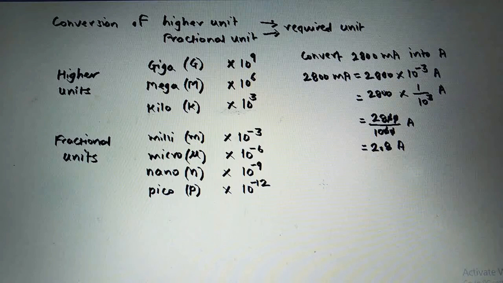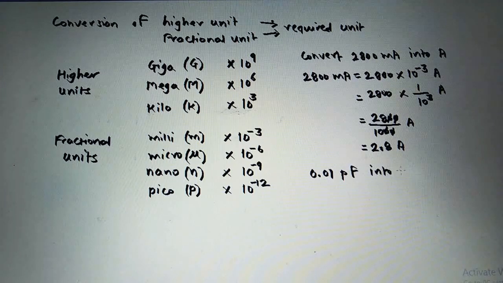Next example that we will take here, we have to convert this 0.01 picofarad into farad. Now see here, 0.01 picofarad. Farad is what? It is the unit of capacitance.